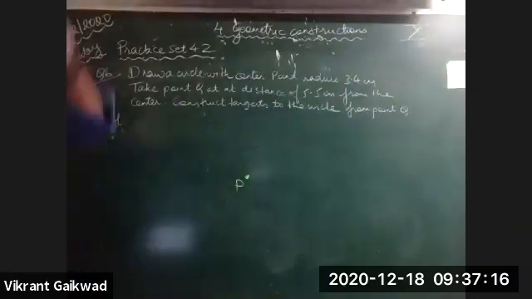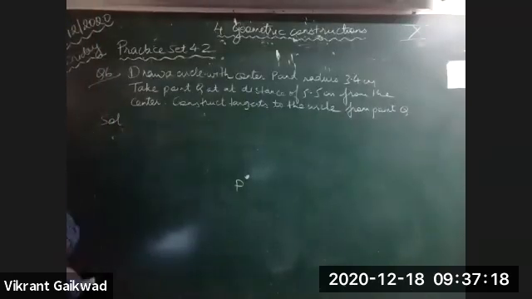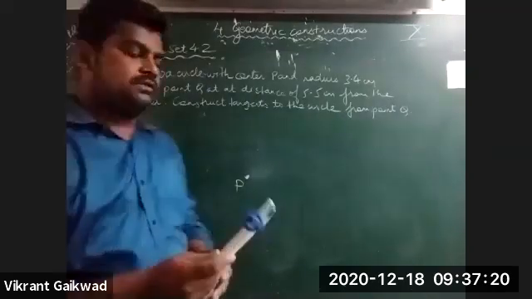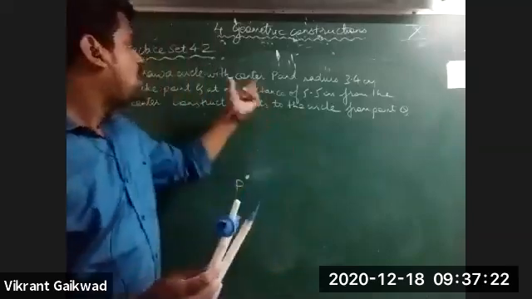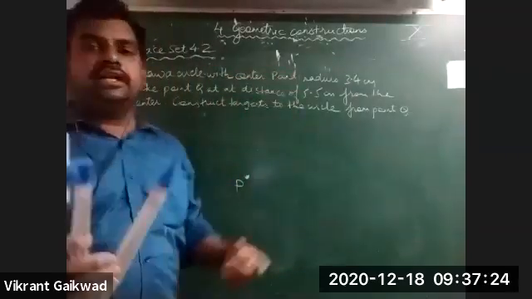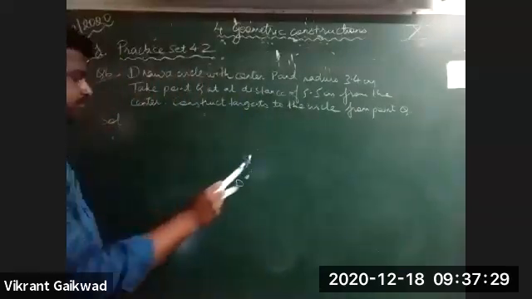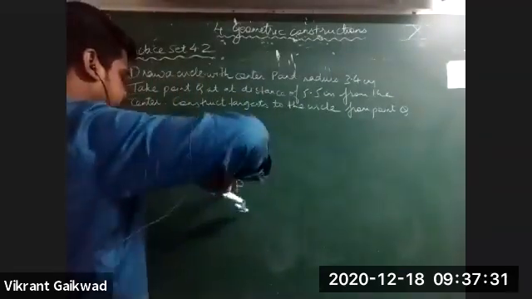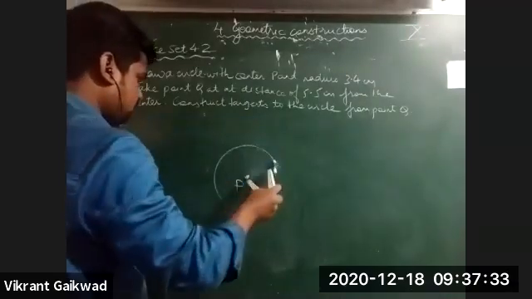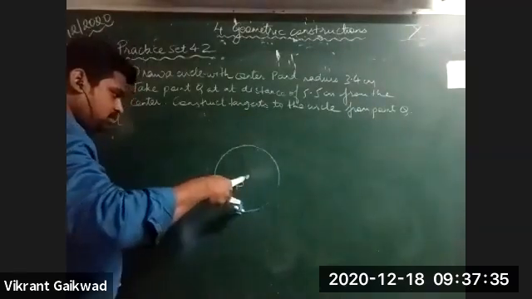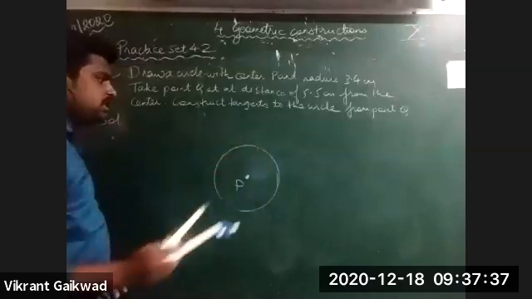Now here we are going to apply different properties. I'll just explain all those properties. First we will draw the circle with center P and radius 3.4. So you take 3.4 from point P, we'll draw the circle.